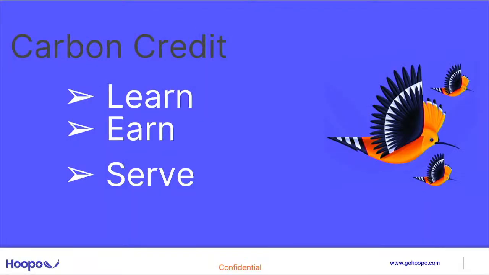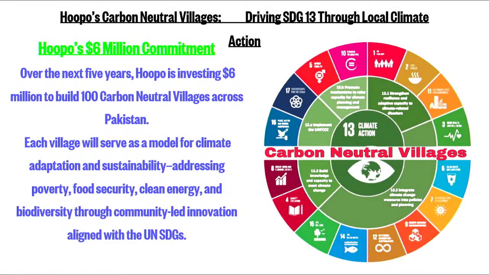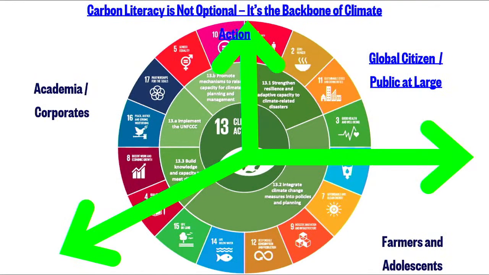We are working on how to learn, earn and serve in this horizon, which are interconnected, and how we can come up with the projects where we can educate the students, the second one is academia and the corporate sector, and the third one is the farmers and their children.